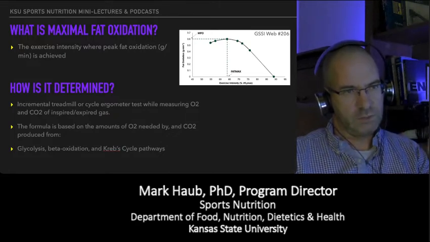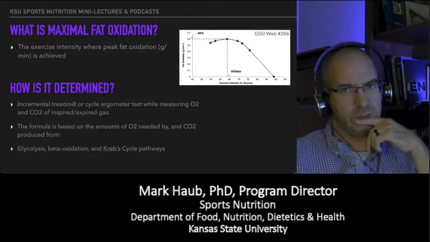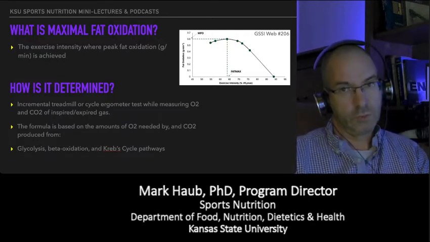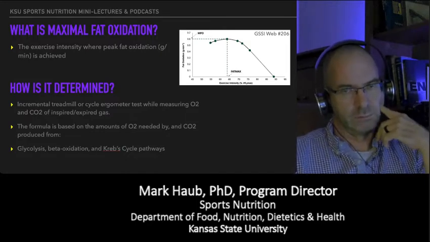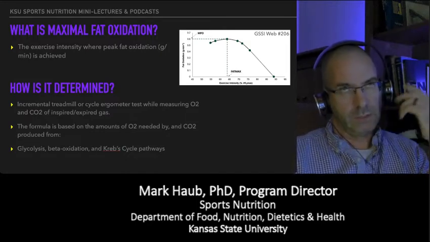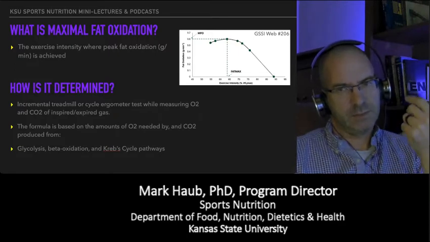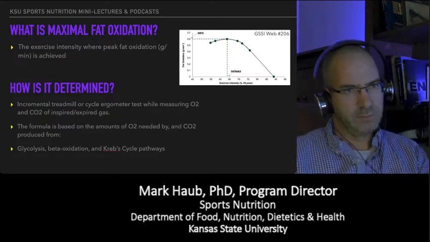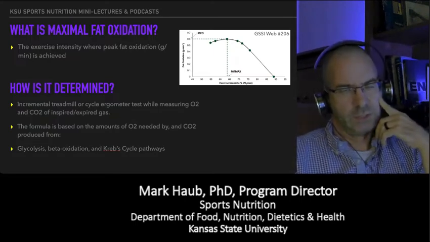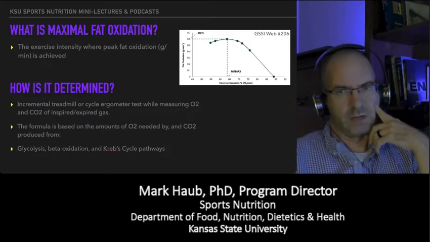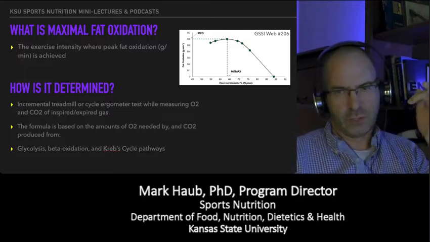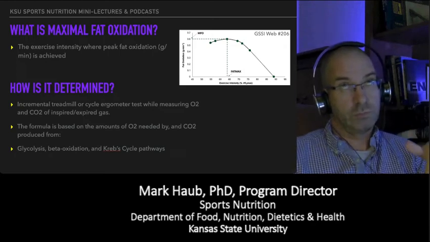Glycolysis is a carbohydrate metabolic pathway that uses glucosyl units, glucose or glycogen, to produce end products that lead to ATP production, a few ATP during the process. Then beta oxidation and Krebs cycle pathways go into oxidative phosphorylation, cellular respiration, and mitochondrial activity to produce ATP, and they have a different ratio of O2 consumption to CO2 production.